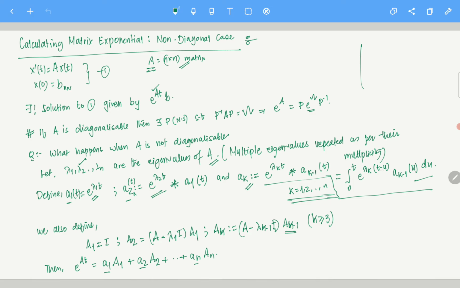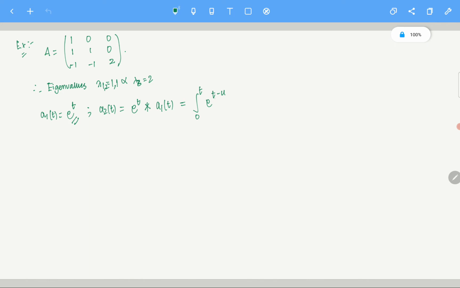So e power (t minus u) times a1 of u, so e power (t minus u) times e power u du. I hope this is clear. It's not very difficult, very easy actually. So the e power minus u and e power u get cancelled out, leaving e power t times the integral from 0 to t. That will give you t times exponential of t. I hope this is fine.